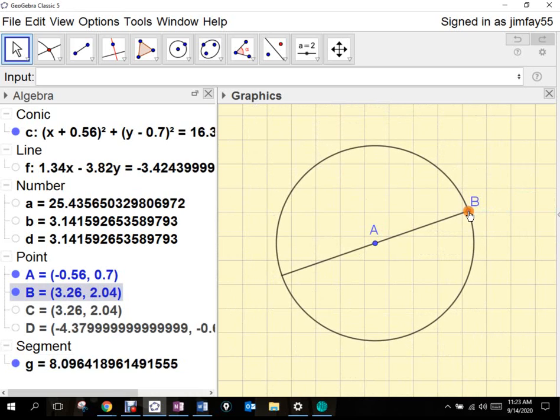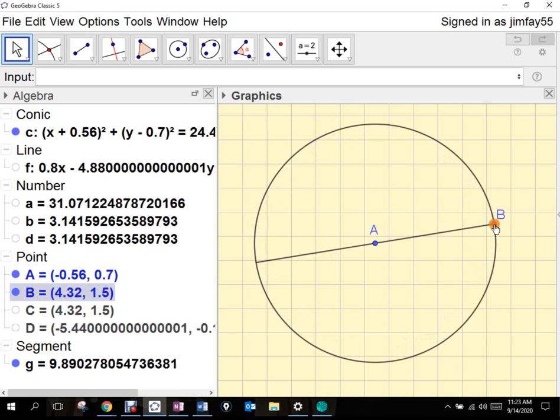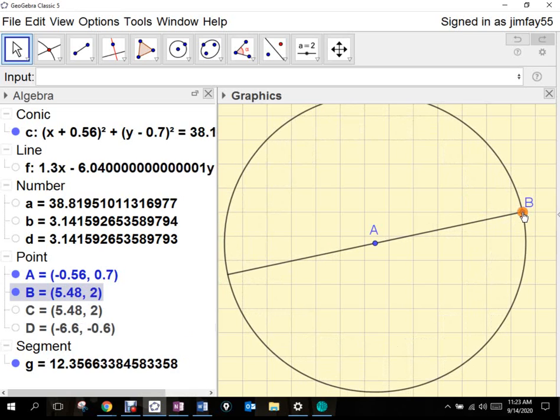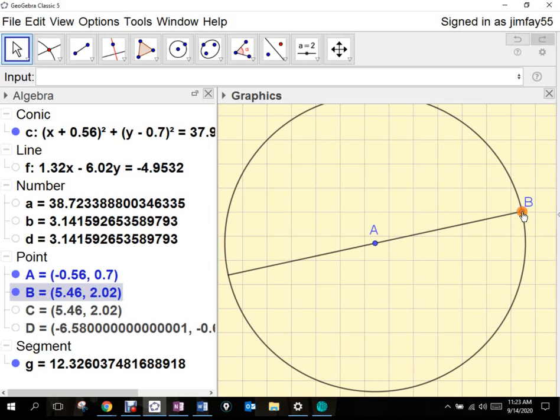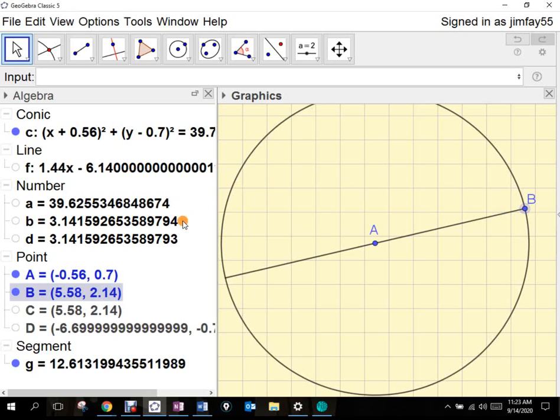So that's changing, and this is what we need to know about. See if I can get it to actually stop on one of those. When I let go, there we go. So that number right there is a calculation: the circumference divided by the diameter.